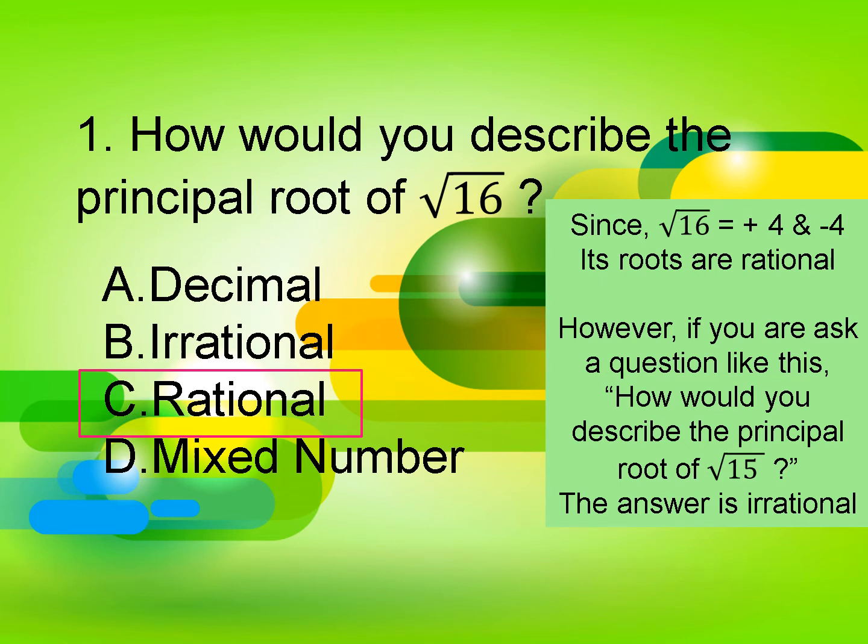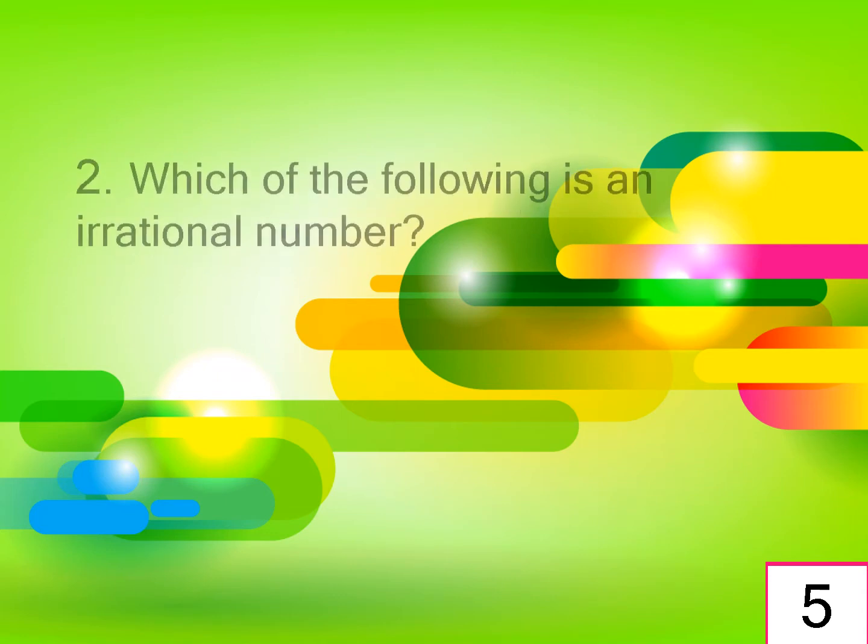Observe that the radicand 15 is not a perfect square. So there is no exact number that when you multiply it to itself is equal to 15. So therefore, the principal root of square root of 15 is irrational. Okay? Let's now proceed to number 2.